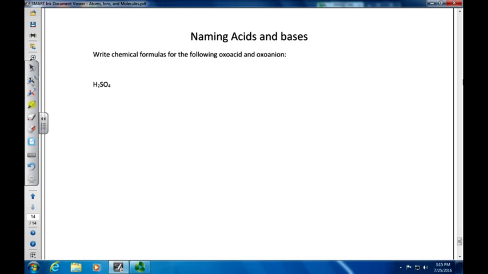Whenever you're looking at your oxoacids, you're looking for your table of parent acids, and you'll actually see H2SO4 on that parent table, and it's listed as sulfuric acid. And that is the name for this particular acid.